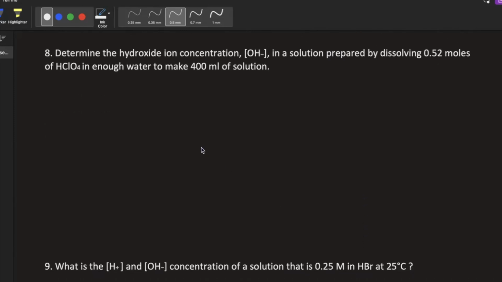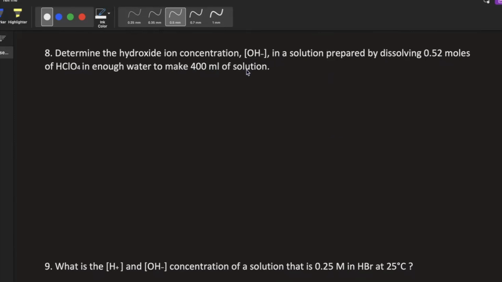Number 8 is a little similar. It says determine the hydroxide ion concentration. So we know it's going to be looking for OH minus in a solution prepared by dissolving 0.52 moles of HClO4 in enough water to make 400 milliliters of solution.